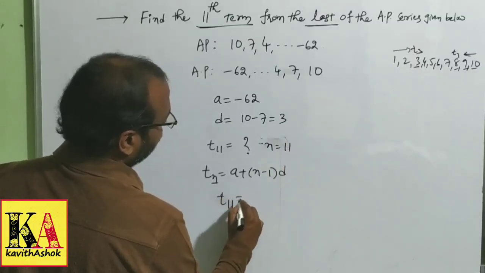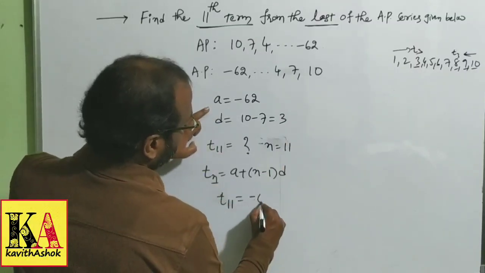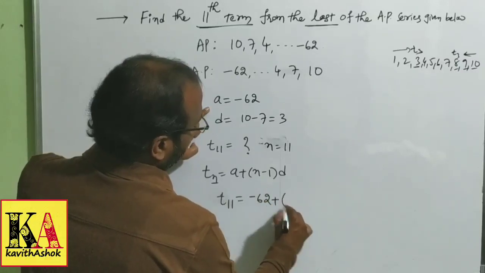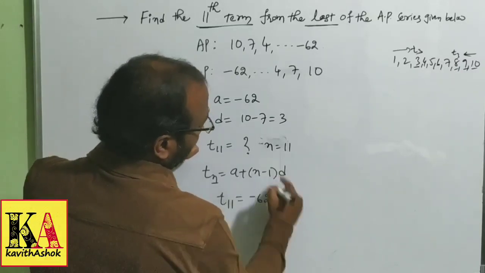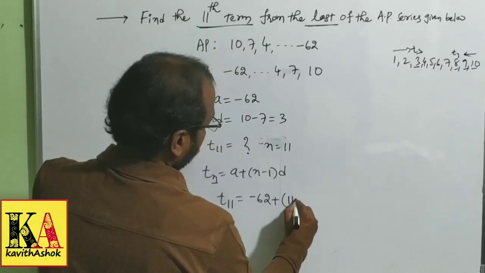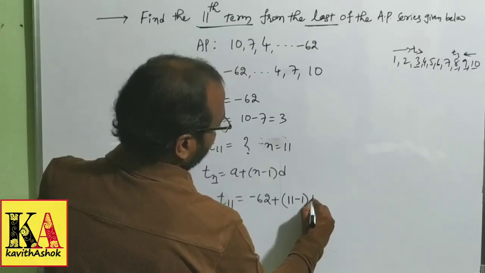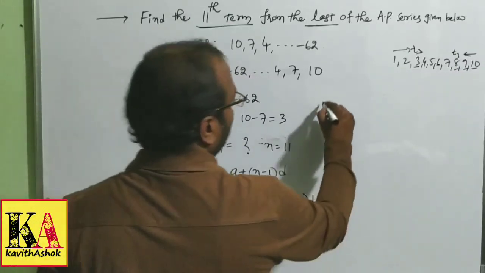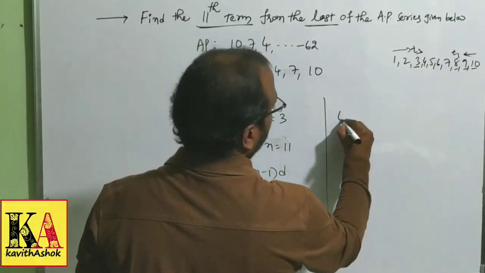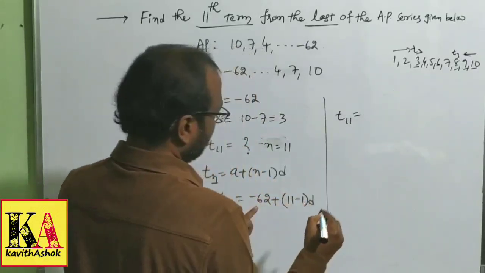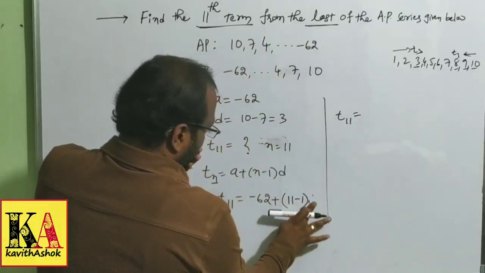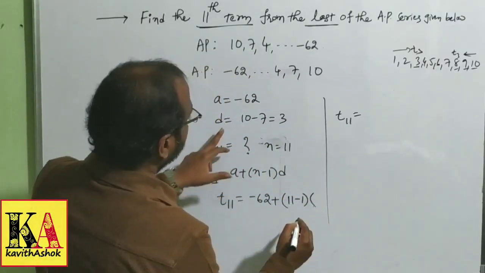T11 is equal to A, which is minus 62, plus 11 minus 1 into D, and D is equal to 3.